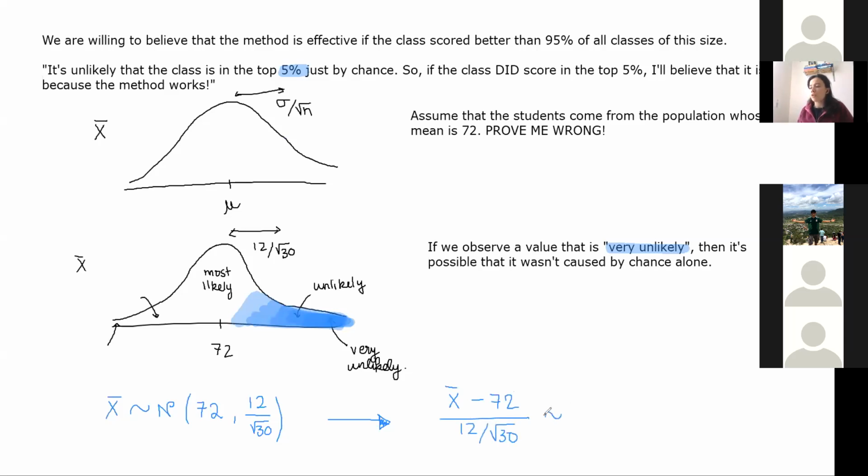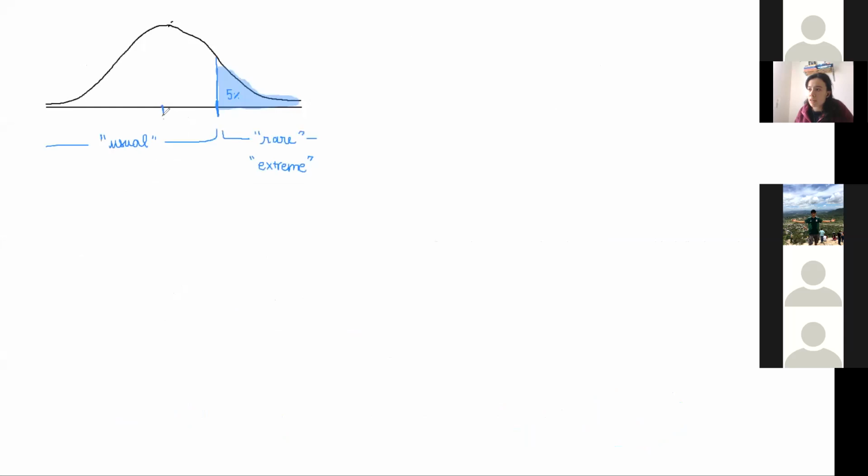This is going to follow a normal distribution with parameters 0 and 1, okay? And there's really no mystery to this. All that you're doing is subtracting the average so that you set the mean to be equal to 0, and you're dividing by the standard deviation so that we get a standard deviation equal to 1, remember? So this is just by computing Z. This is something we did before, but basically the idea is just to get to a standard normal distribution.